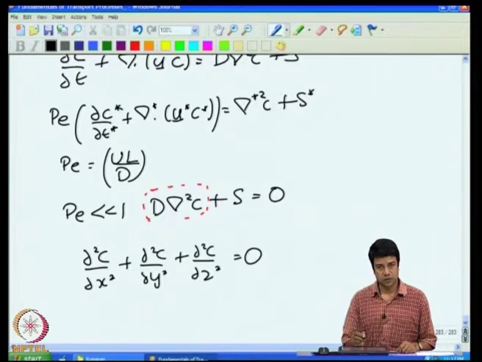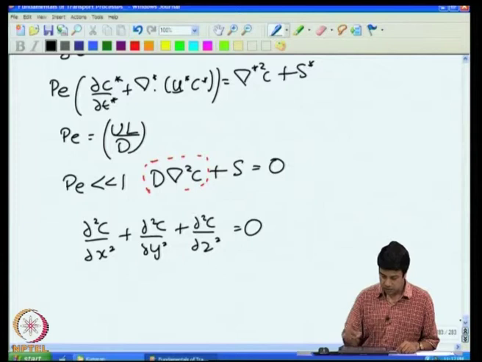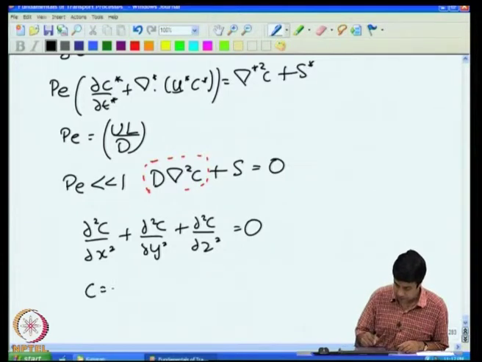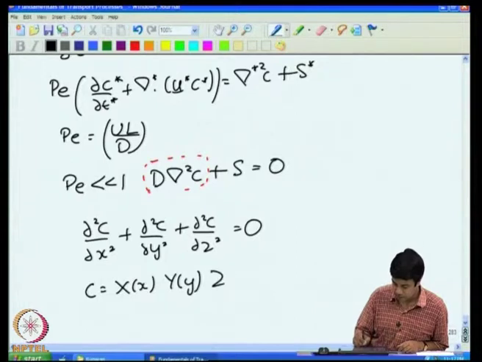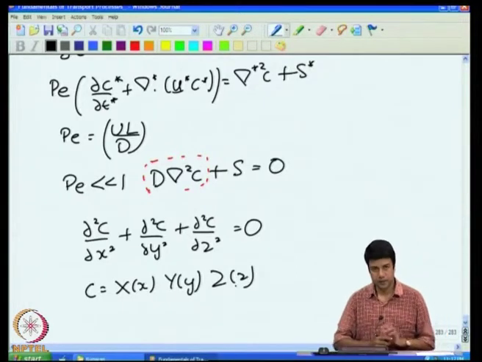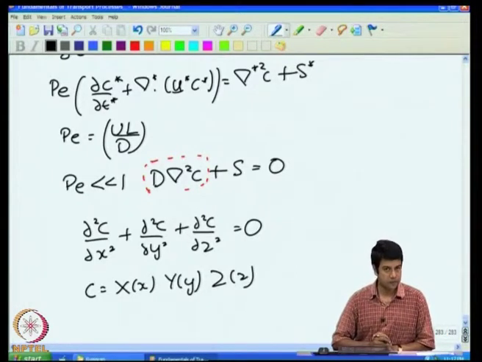And I showed you how you can obtain solutions of the form c is equal to some function of x, some function of y, some function of z, and use separation of variables to get the individual functions. We solved a couple of problems in this, heat transfer from a cube, for example. In that case, you can separate out the variables into different functions.